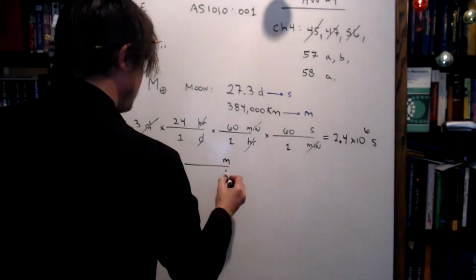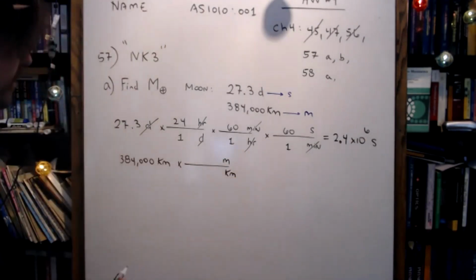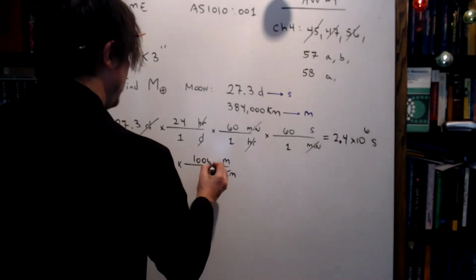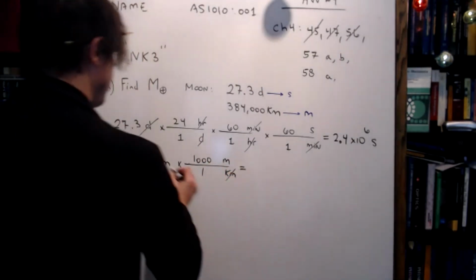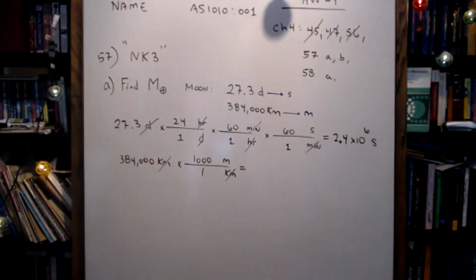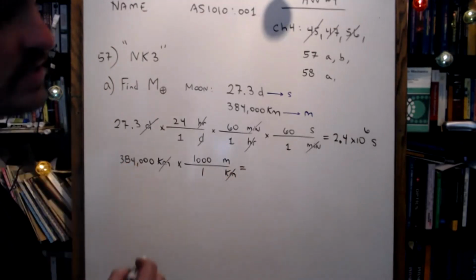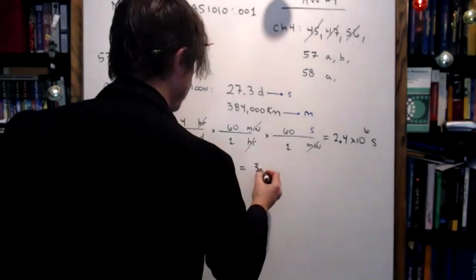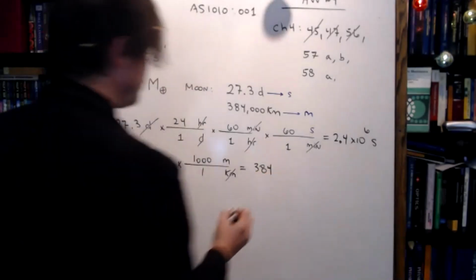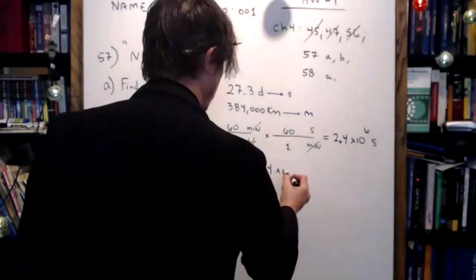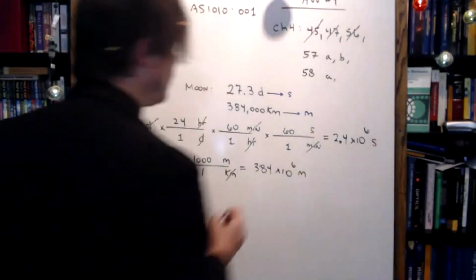And now? 1,000 on top and 1 on the bottom. Beautiful. Can you do that in your head, Noah? Do you want me to put it in scientific notation? You can leave your lead digit as 384 if you like. So 384 times 10 to the 6th. Yeah, that's the easiest way to write it. And that's meters. Okay, thanks, dude.